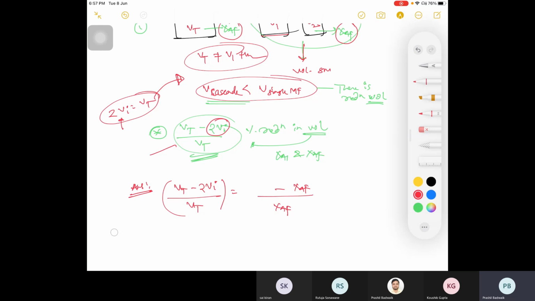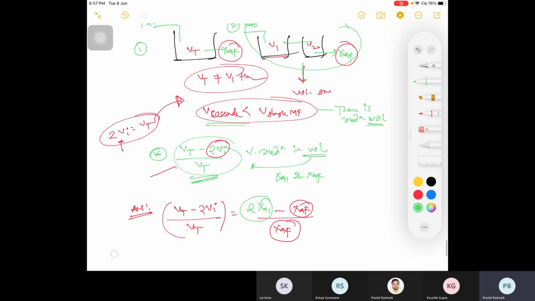So this is XA final, it is 2XA1 minus XA final, because when you are using two reactors connected in series, you are getting half of the volume, that means you are getting double the conversion. Half of the volume means double the conversion. So this is your equation.